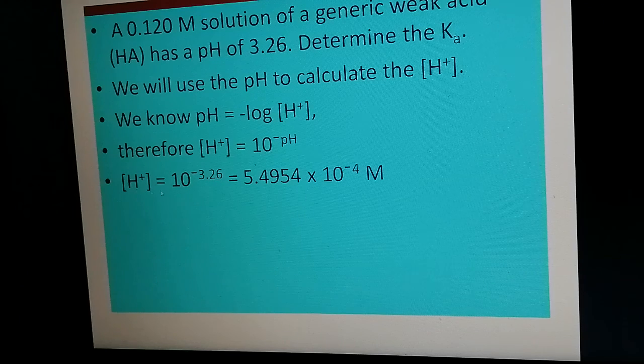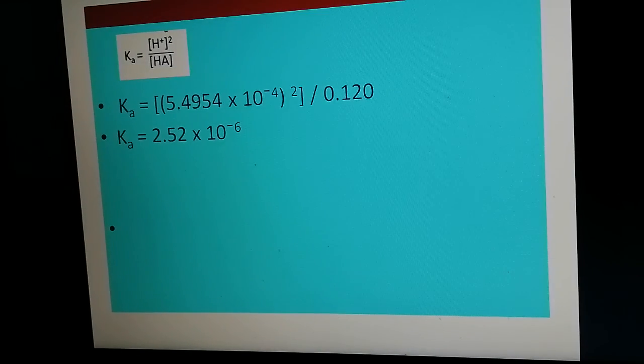Now we'll go back to the Ka equation: Ka is equal to H plus squared by the concentration of HA. Squaring the H plus we got and dividing by the concentration of HA, you get the value of Ka. I hope this is clear.